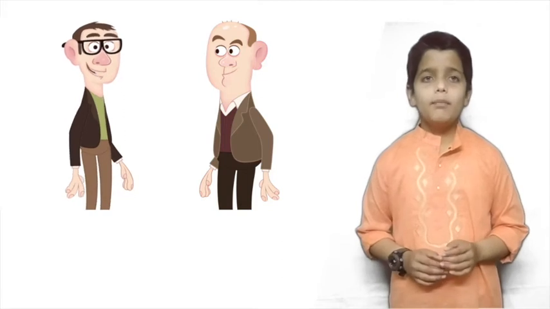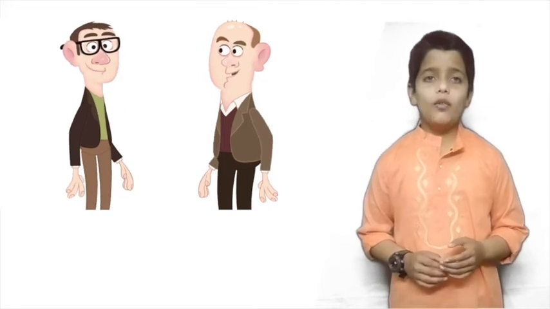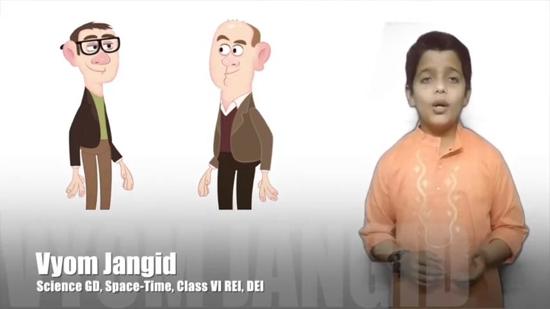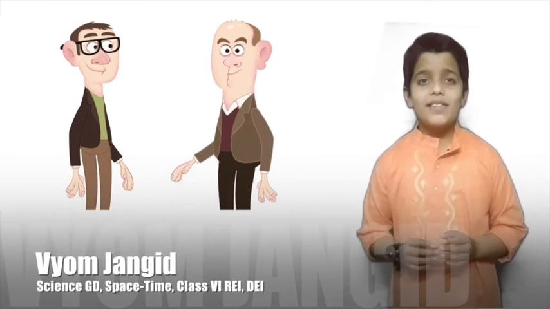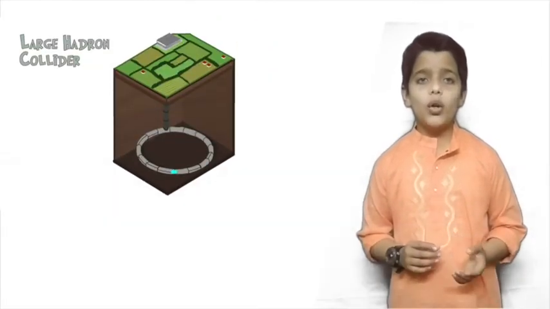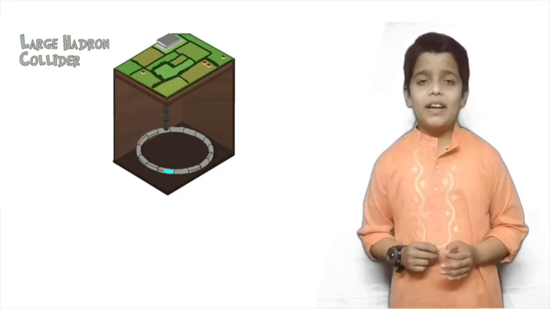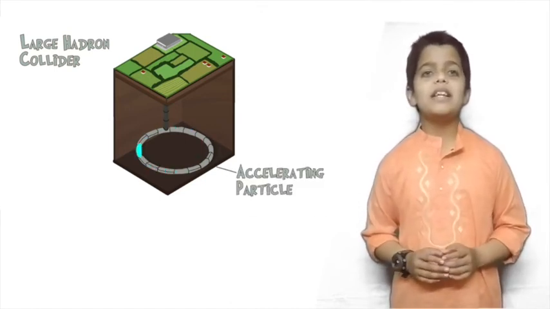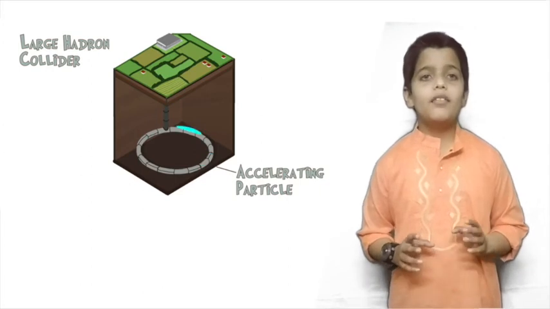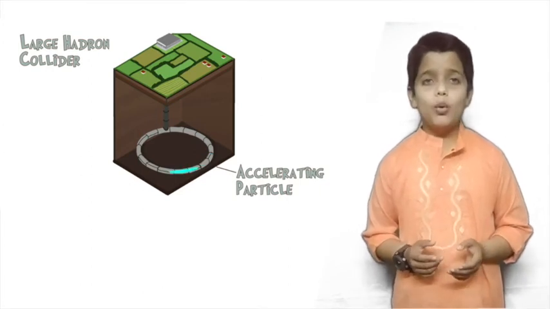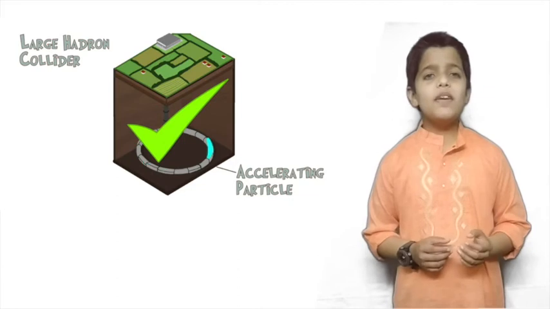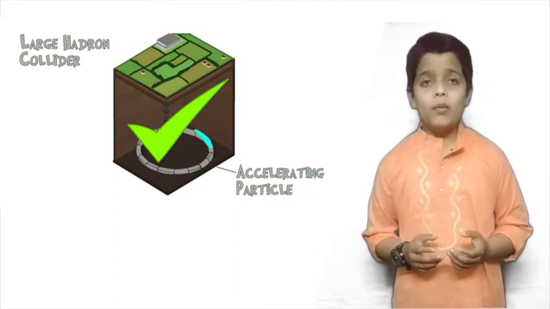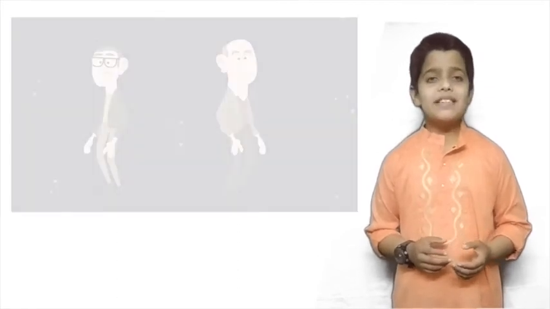Yet careful experiments, for instance watching the behavior of tiny particles whizzing around the Large Hadron Collider, confirm that the effects are real. And now that space-time is an experimentally confirmed part of reality, we can get a bit more ambitious. What if we were to start playing with the material of space-time itself?